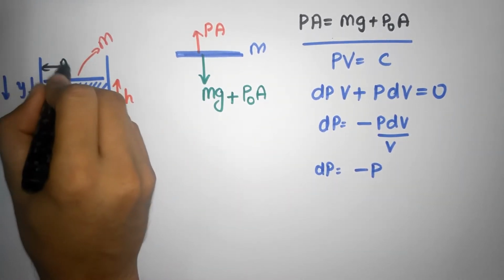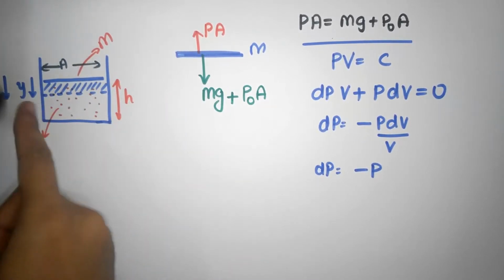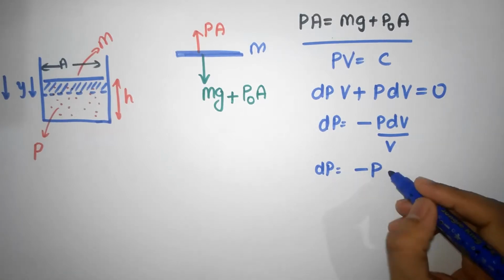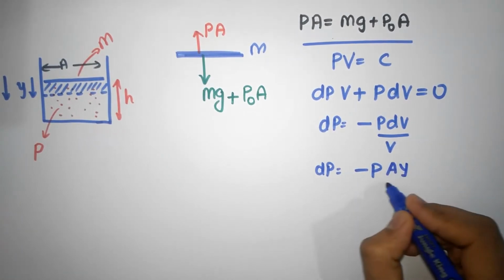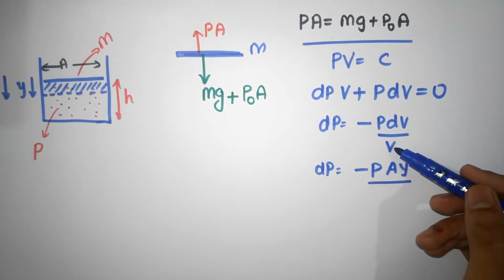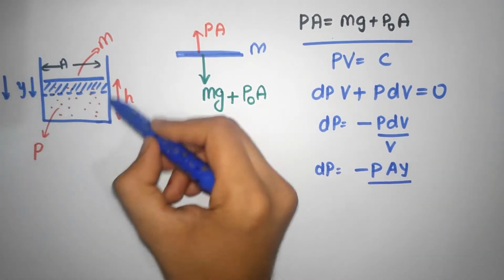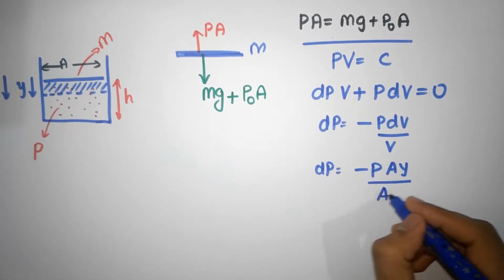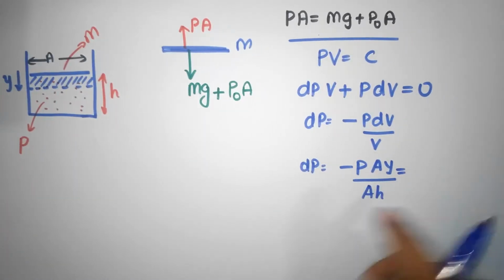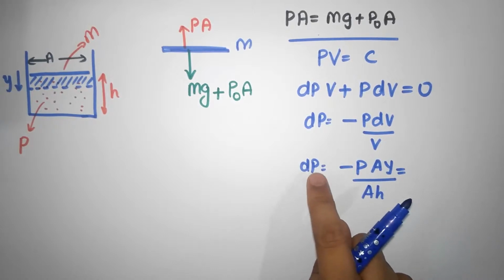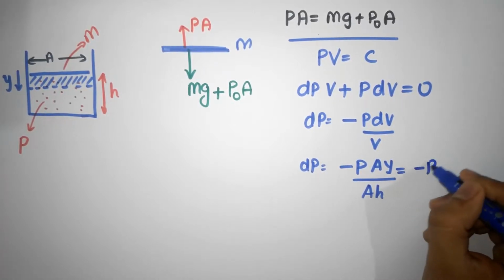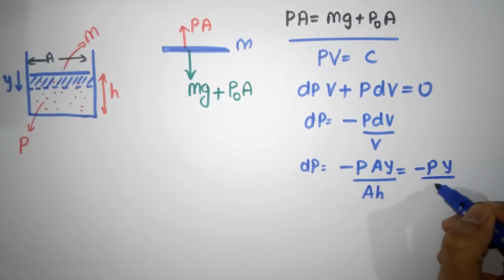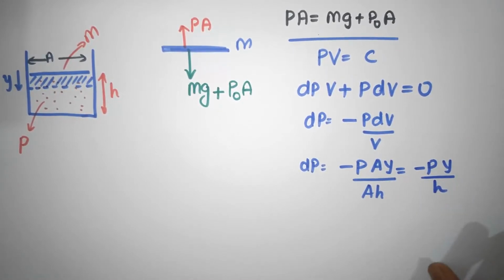So here is the area of the piston multiplied by y. That's the change in volume, so dV is just A times y, divided by the volume before, and the volume before is A times h. Therefore, the change in pressure, the extra pressure, is going to be minus P times y divided by h.